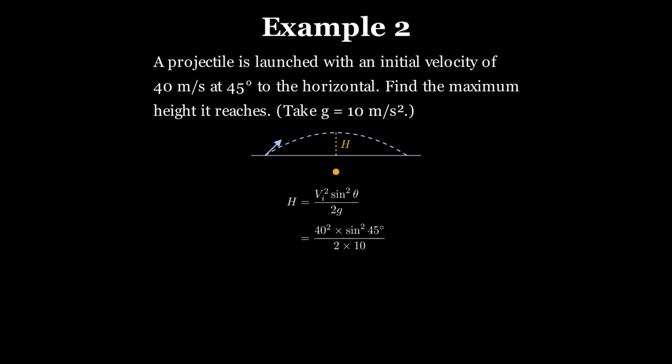Substitute in the numbers, 40 squared, sin² 45 degrees, over 2 times 10. Evaluate, 40 squared is 1600, and sin² 45 degrees is 0.5000. The denominator is 20. Multiply the numerator, 1600 times 0.5000 is 800.00. Divide by 20, the maximum height is 40.00 meters.